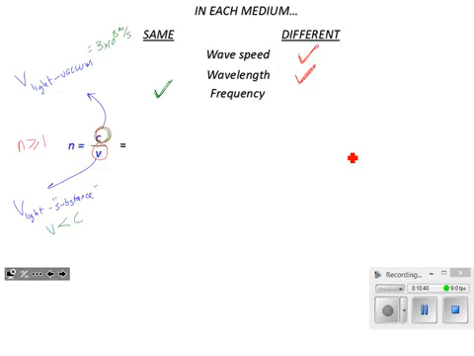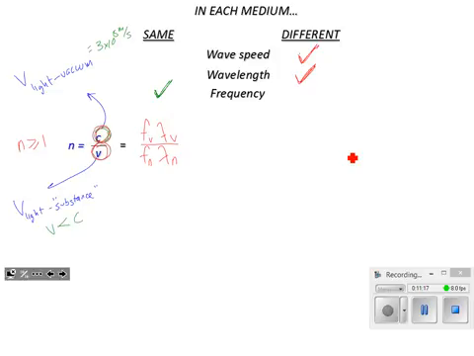But what this also says is, remember, this is a wave speed. So is this. So that means we can write this as f vacuum lambda vacuum over f, the frequency in a medium with index of refraction n, times lambda n.